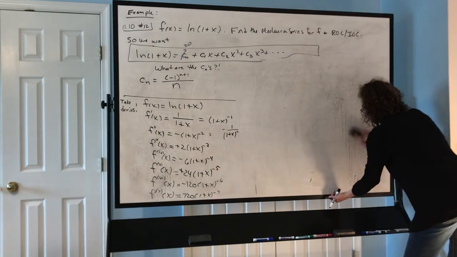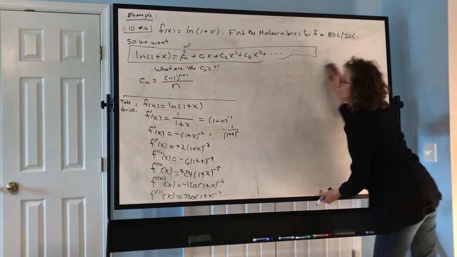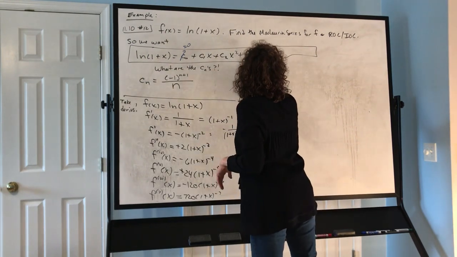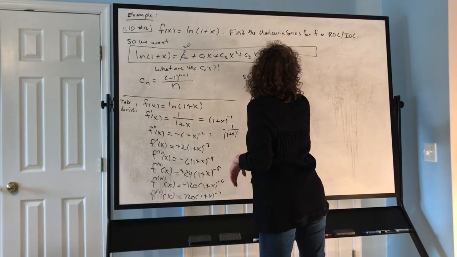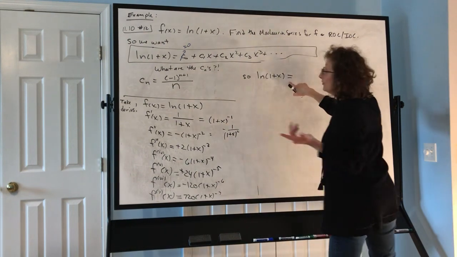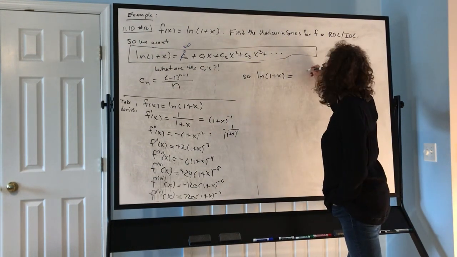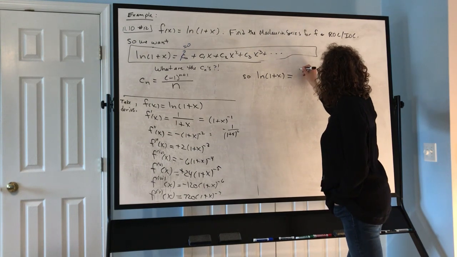Let's just write the series. On the interval of convergence, once we prove something else, what is it equal to? It's the sum.